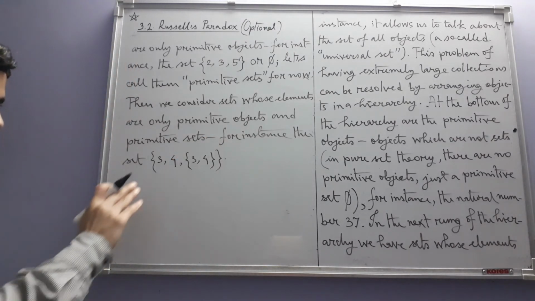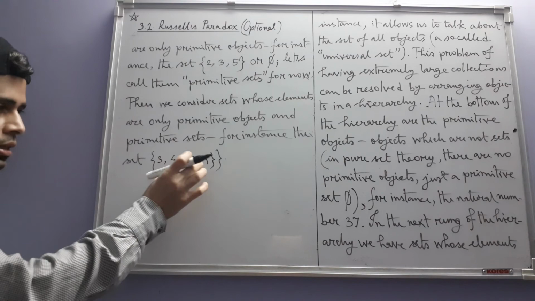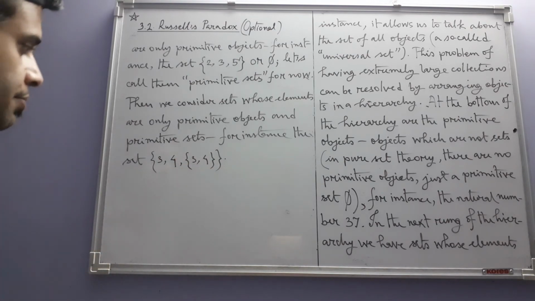Here 2 elements are primitive objects and 1 element is a primitive set.